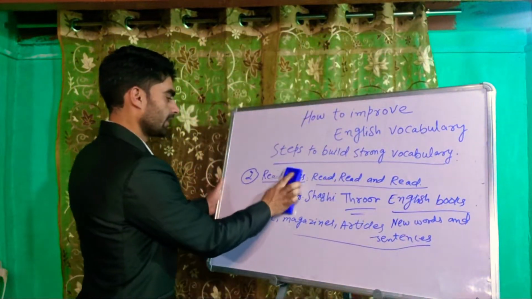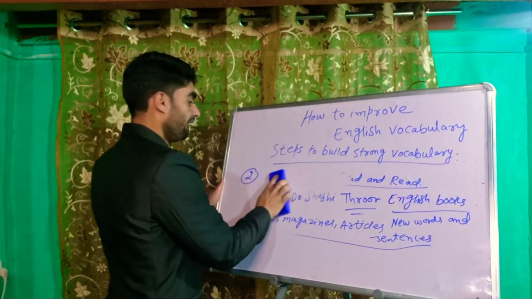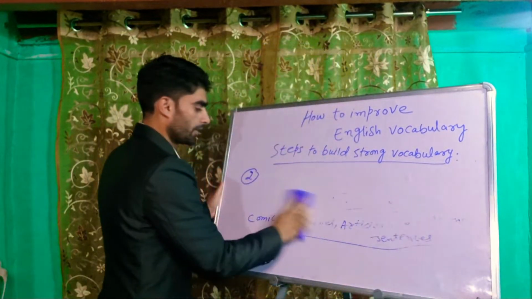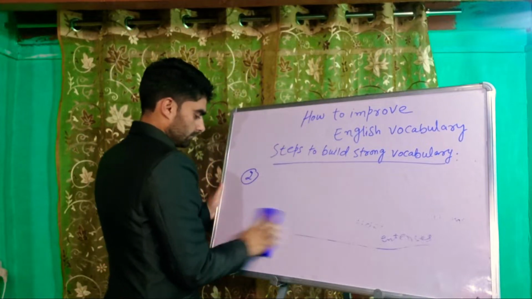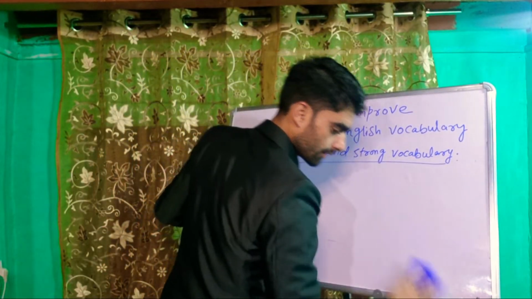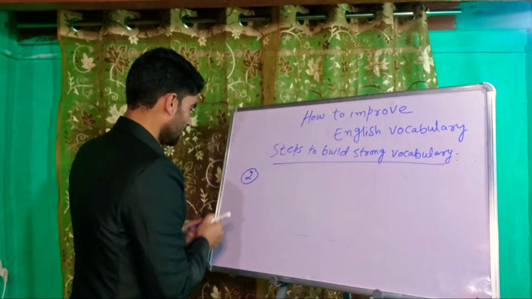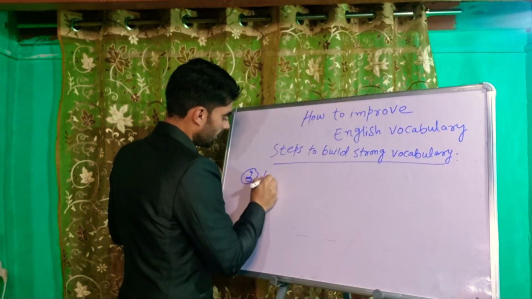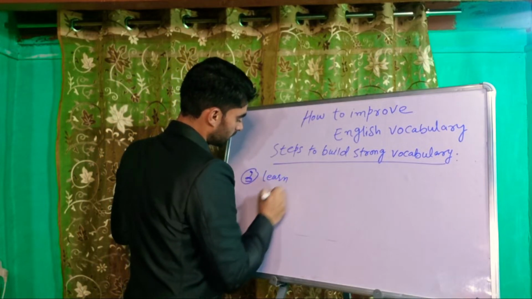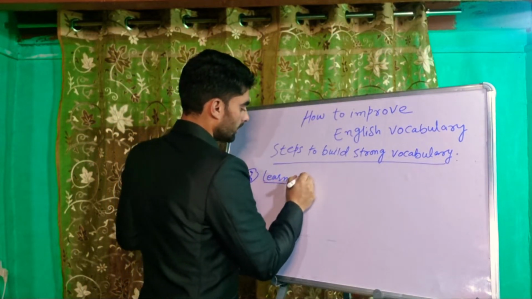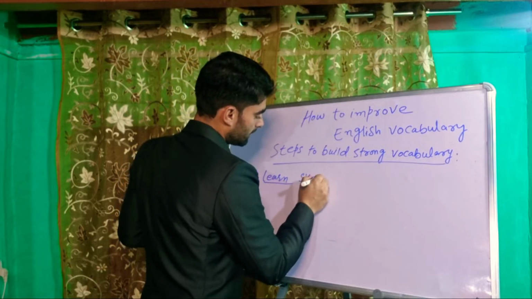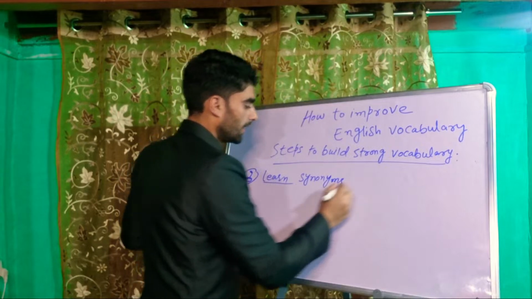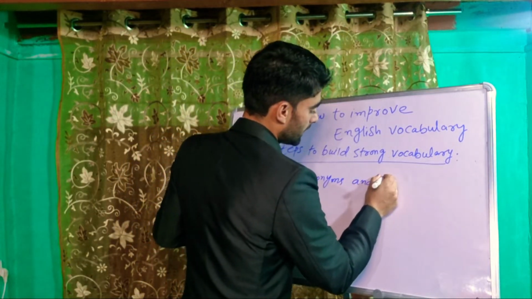Okay, I will give you step number, way number 3 to build your strong vocabulary. Step number 3 is learn synonyms and antonyms.